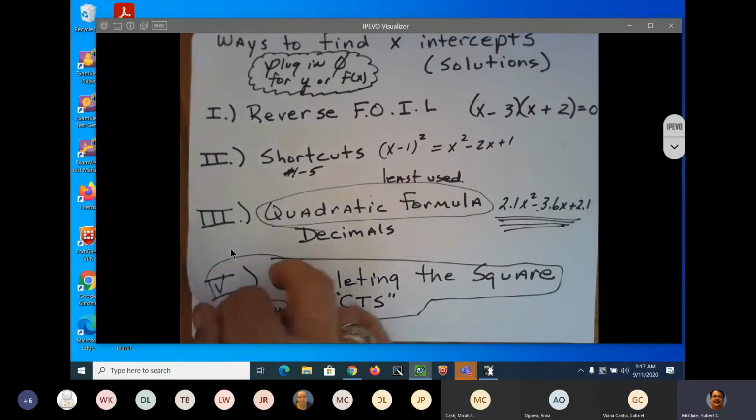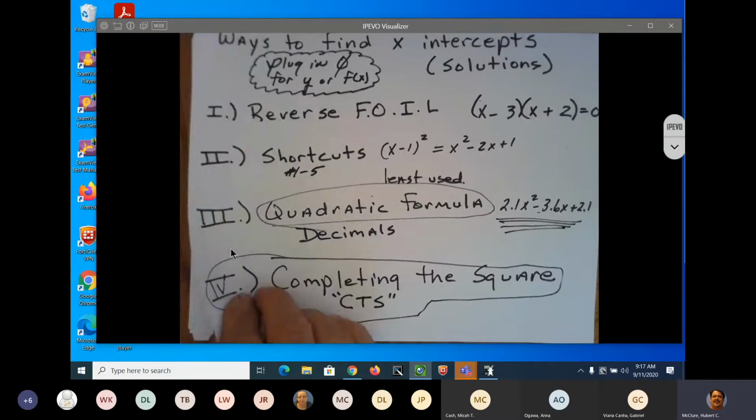I guarantee you some of y'all know the little song. I got told that there was a little song that people sing, negative b plus or minus square root, something like that. Oh, don't even get me started. They taught us that at Palmetto. I'm sorry, say again? That's what they taught us at Palmetto.